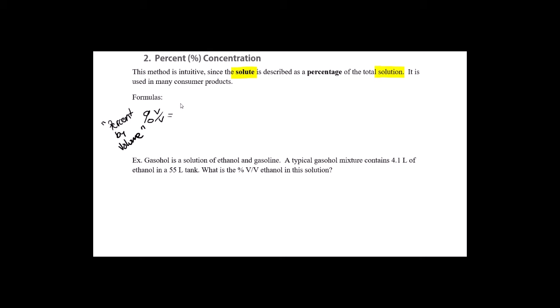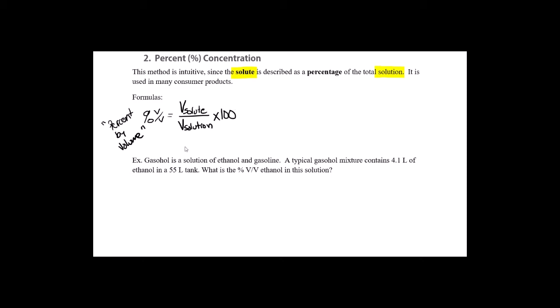So that means that I've got a volume of solute, the thing that is dissolved, in a total volume of solution. I take the solute divided by the solution times 100 to turn this into a percent.